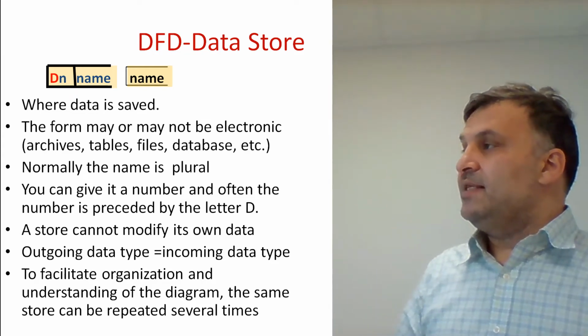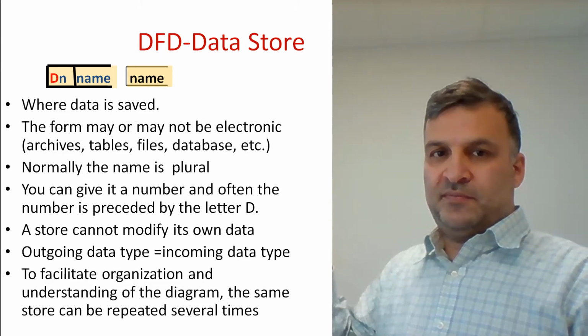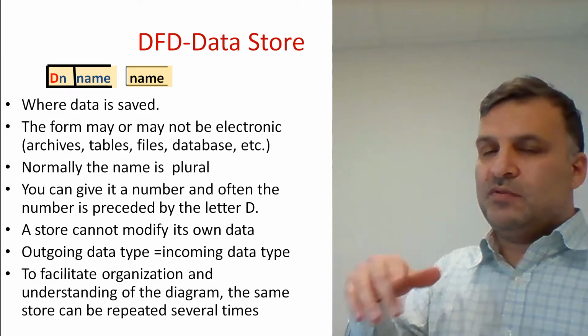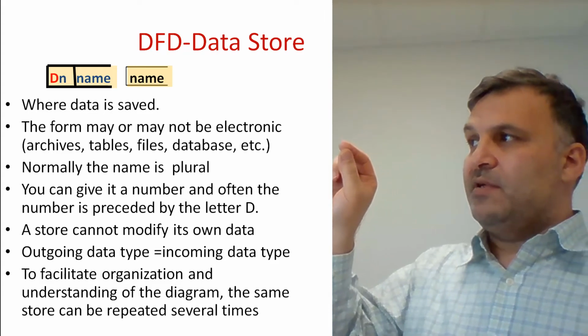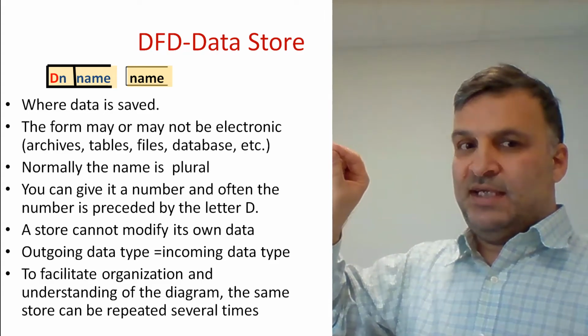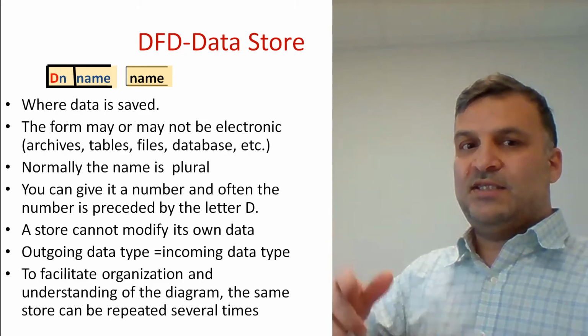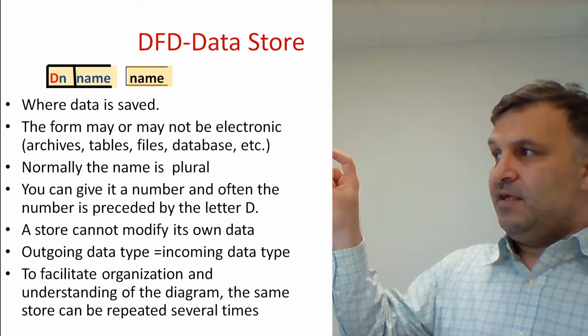This element is represented as an open rectangle, and most of the time we put a number, and this number starts with the letter D, D1, D2, that means data store 1, data store 2, and we put the name in the other part.